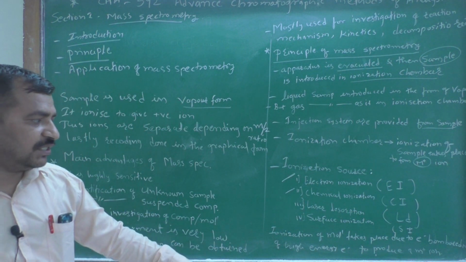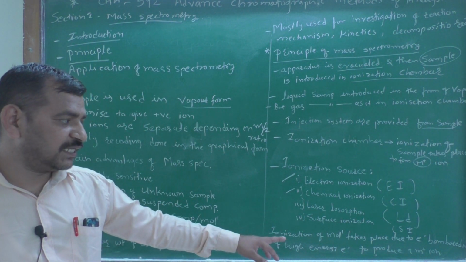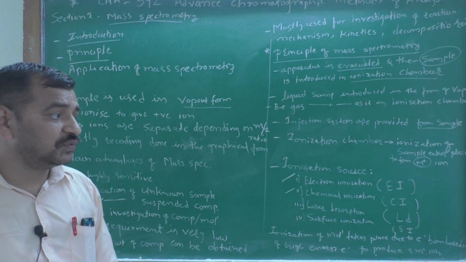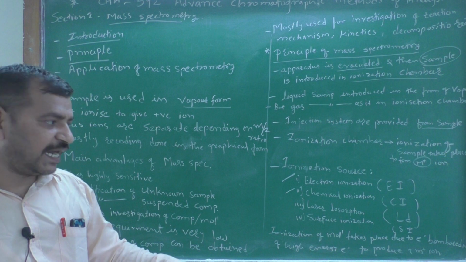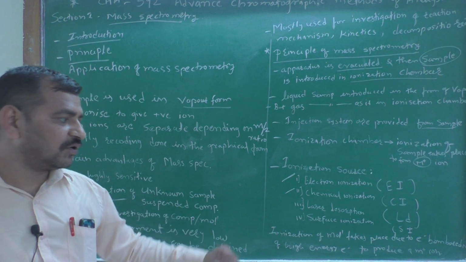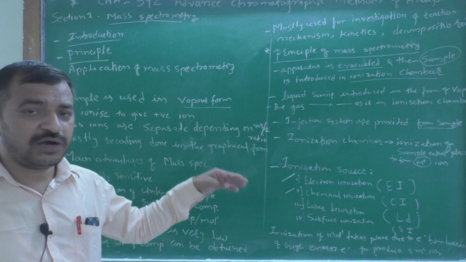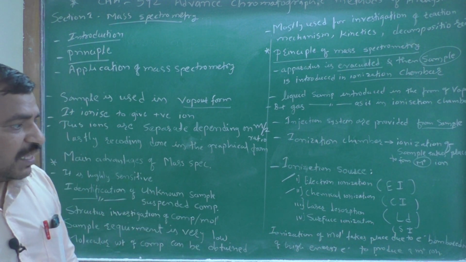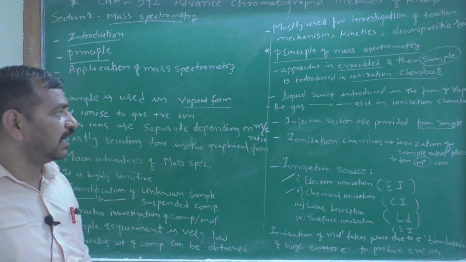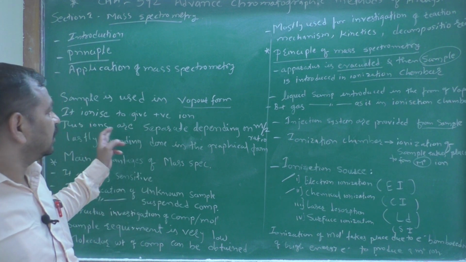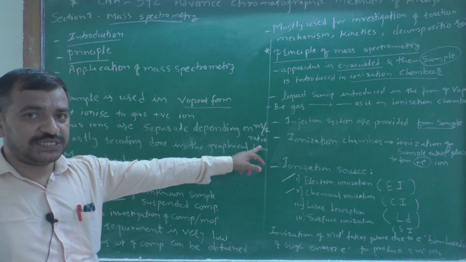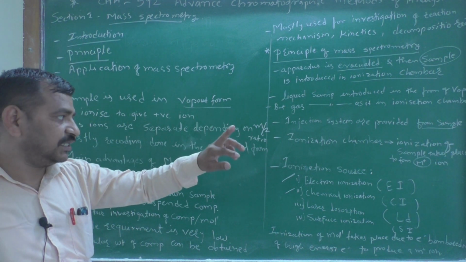Ionization of the molecule takes place due to electron bombardment. Highly energetic electrons are bombarded on the molecule to produce ions. These ions are separated depending on the mass to charge ratio and intensity.